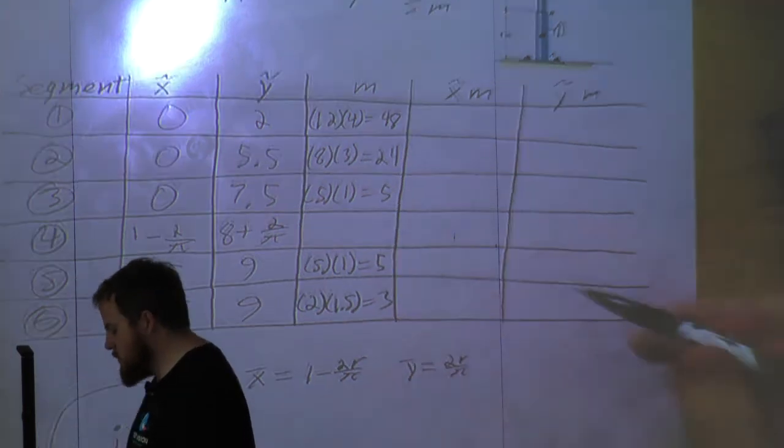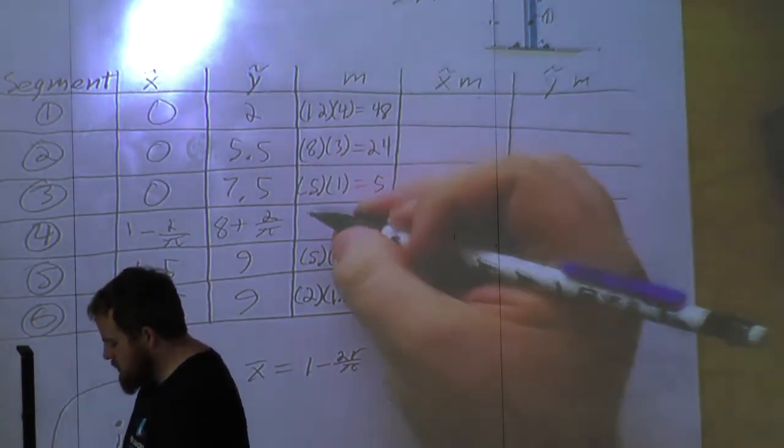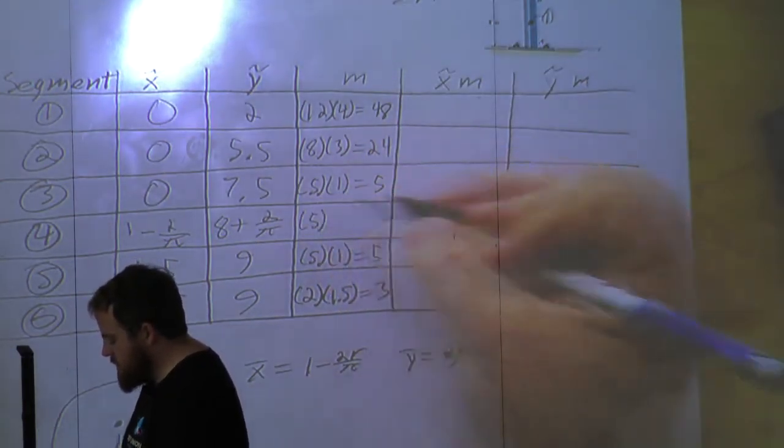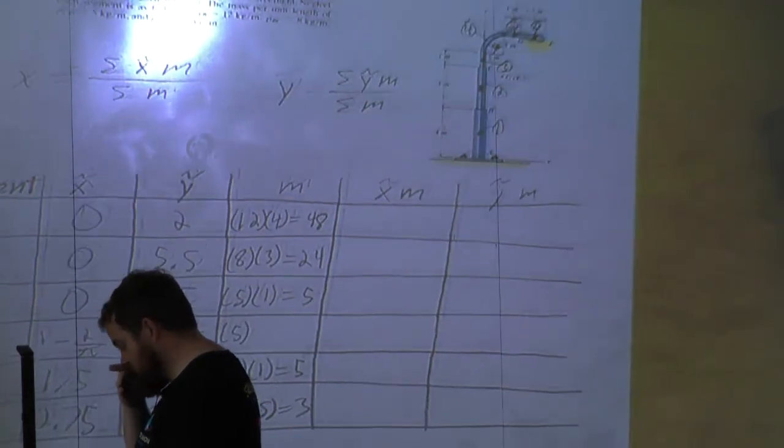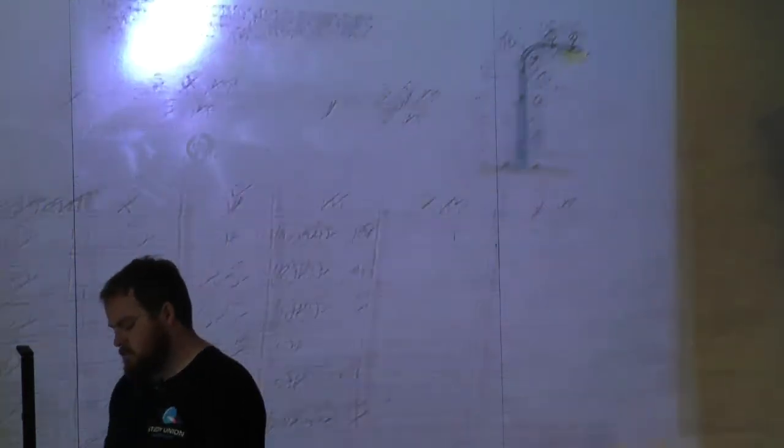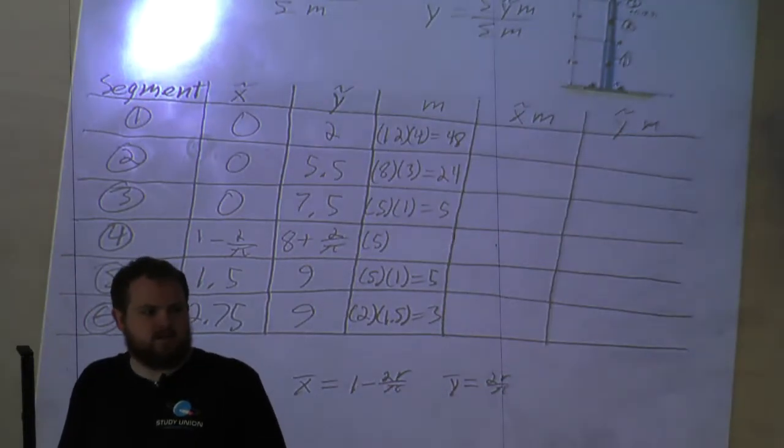Okay, so now to find the mass. So we know our rho is 5, but what's our length going to be? Well, we know it's a quarter of a circle. So what would the length of a fourth of a circle be?